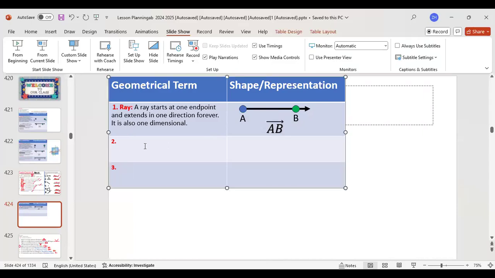Now, if I take two rays and put them together, what do I have? An angle. Very good. So an angle is formed when two rays meet at a common endpoint called a vertex.